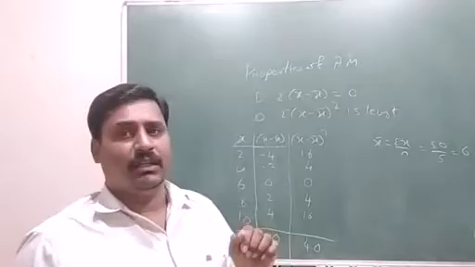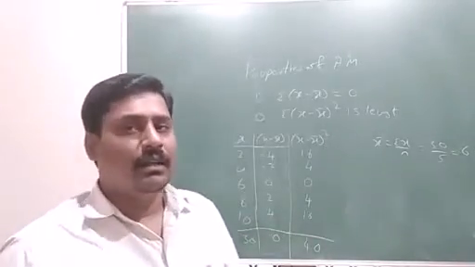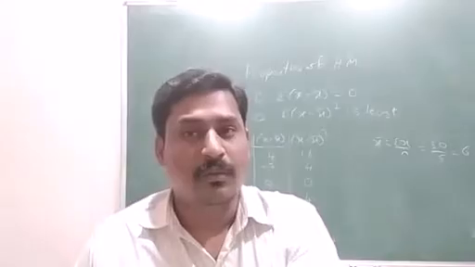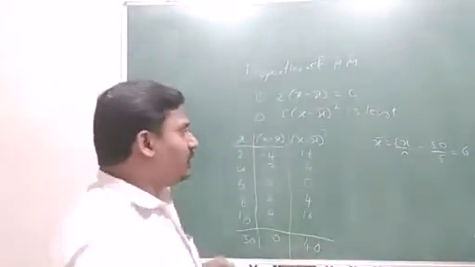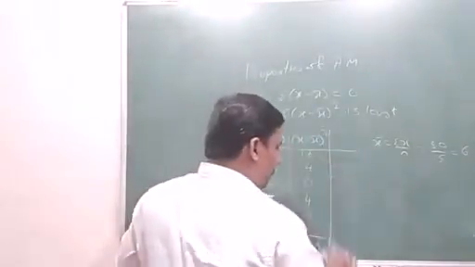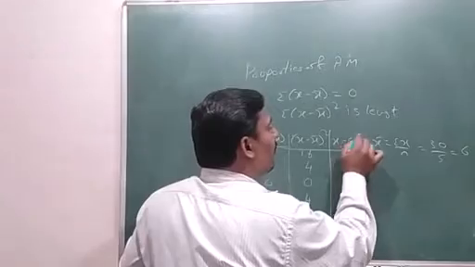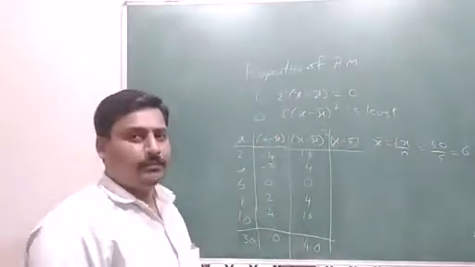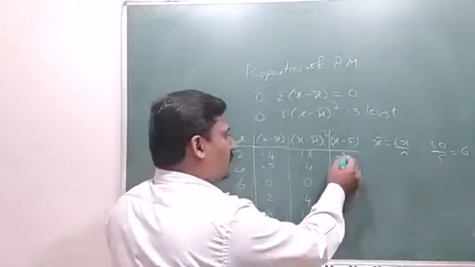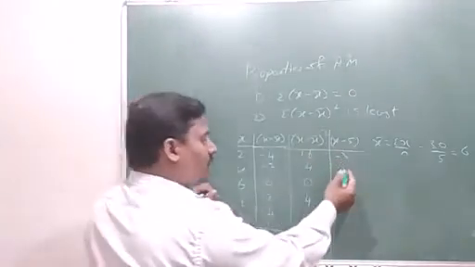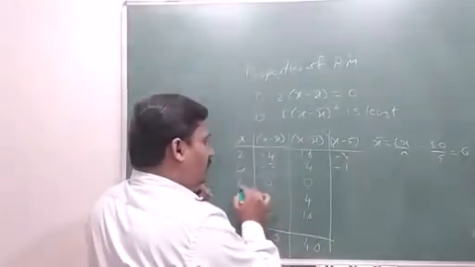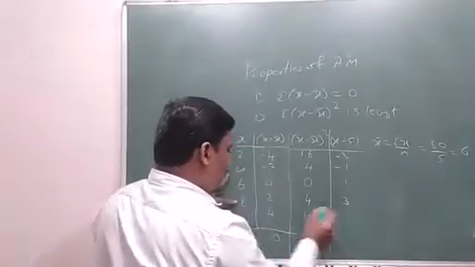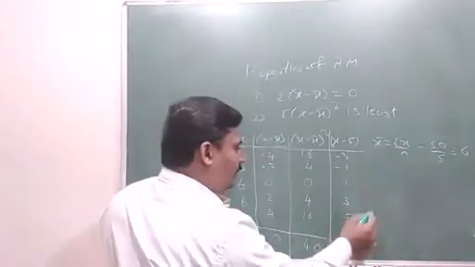Let us cross check both by taking a value less than the arithmetic mean and one value more than the arithmetic mean. First we will consider 5, x minus 5. 2 minus 5 is minus 3, 4 minus 5 is minus 1, 6 minus 5 is plus 1, 8 minus 5 is 3, 10 minus 5 is 5.